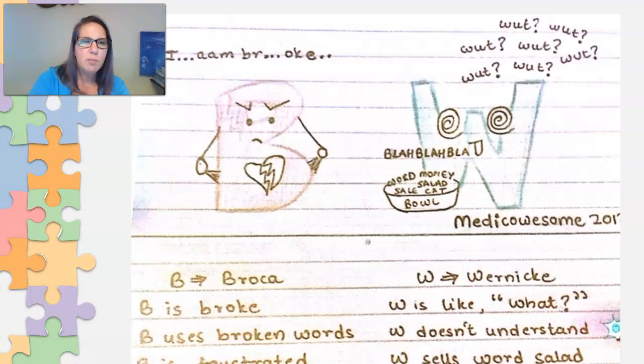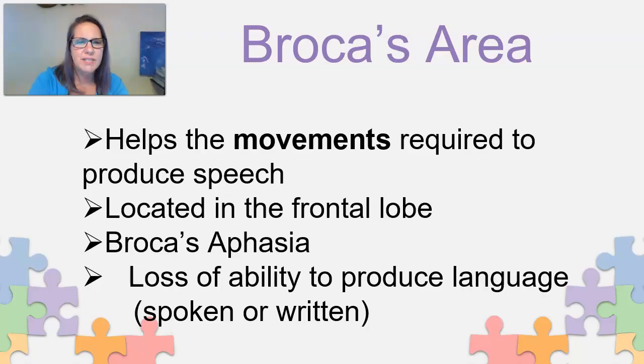So the first part of the brain is called Broca's area. And Broca's area helps with the actual movements, like the movements of your mouth and your tongue and your jaw, that are required to help you speak. And Broca's area is located in your frontal lobe, right?